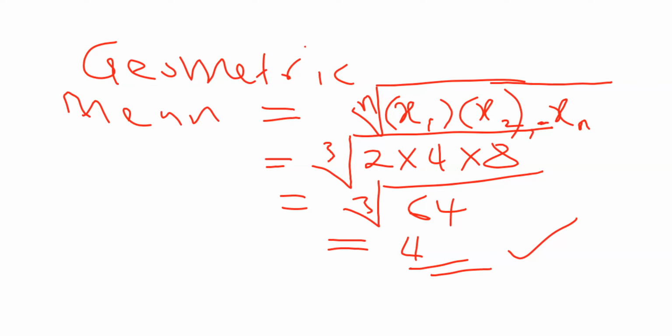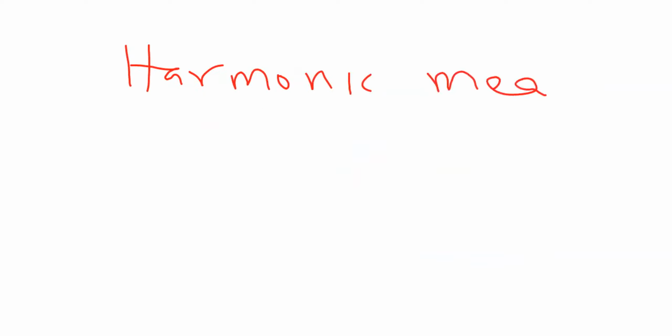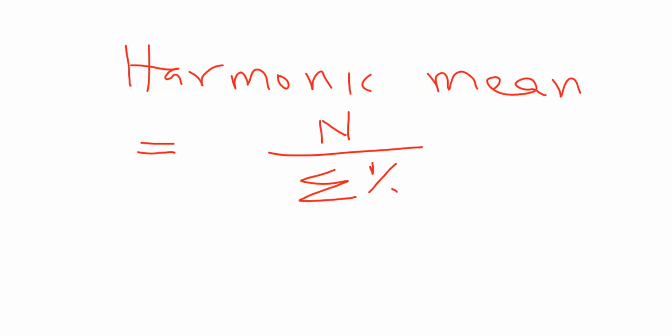In this case, we'll have a formula like this: harmonic mean is equal to n over the summation of 1 over x.